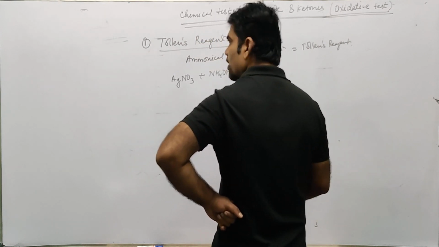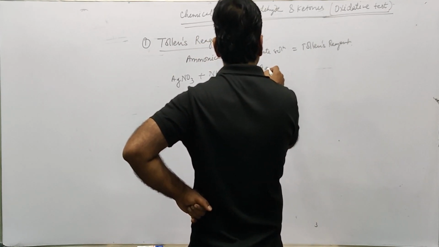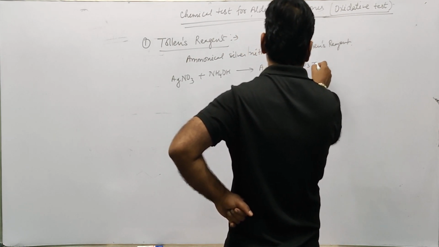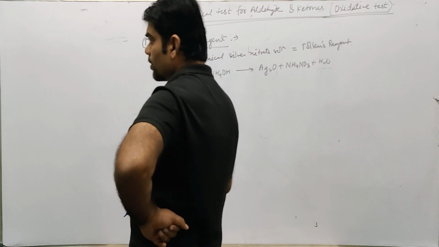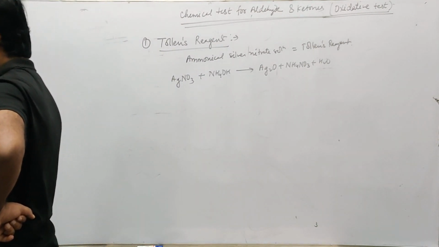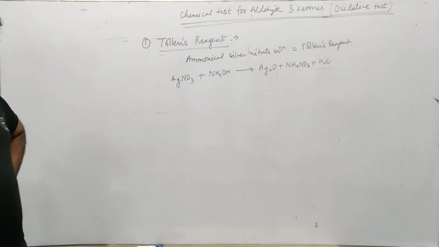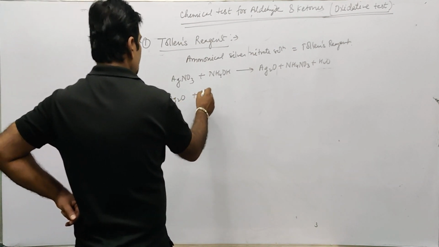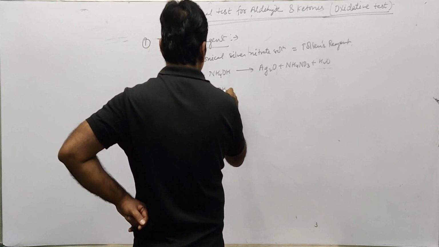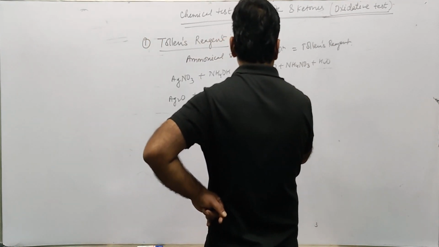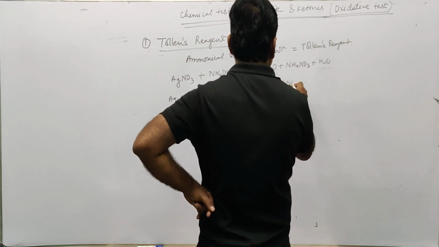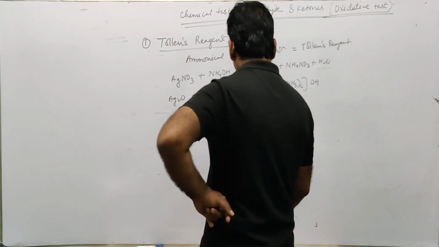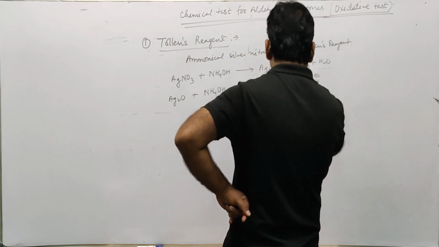So AgNO3 in ammonium hydroxide will be converted to Ag2O plus ammonium nitrate plus water. Now Ag2O, silver oxide, further dissolves in ammonia solution to form Ag(NH3)2 plus and OH minus.